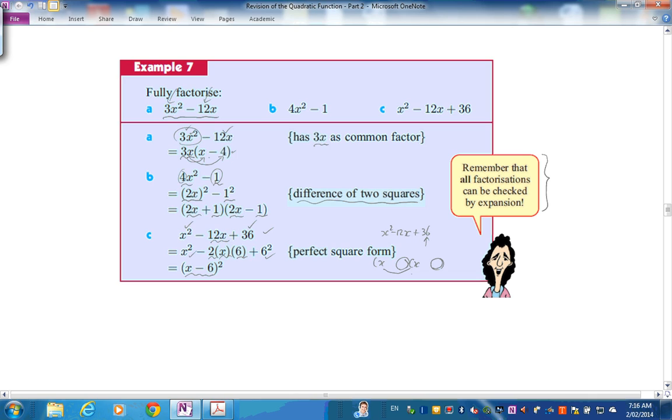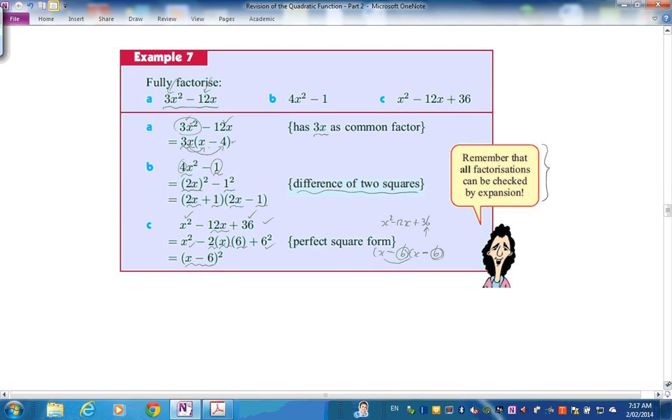Could be 36 and 1, 9 and 4, or 6 and 6. Okay, and then you might spot minus and minus, or a negative sign in there, then it's a perfect square. So you can go the long way, reversing FOIL if you like, but we'll have a look at some more of those in a minute. Okay, come down.